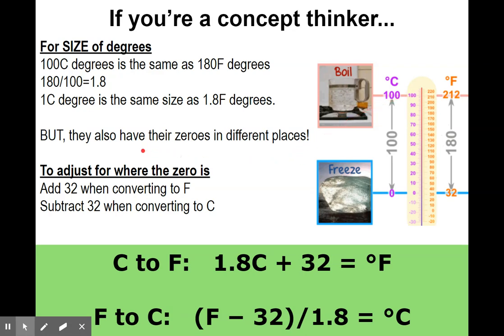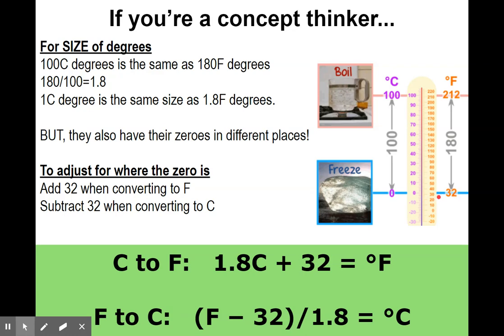But they also have their zeros in different places. So that's kind of weird. To adjust for where the zero is, you're adding 32 when you're converting to Fahrenheit, because 32 degrees Fahrenheit is freezing. So that's like the zero point. This is the exact same actual amount of heat, like temperature.